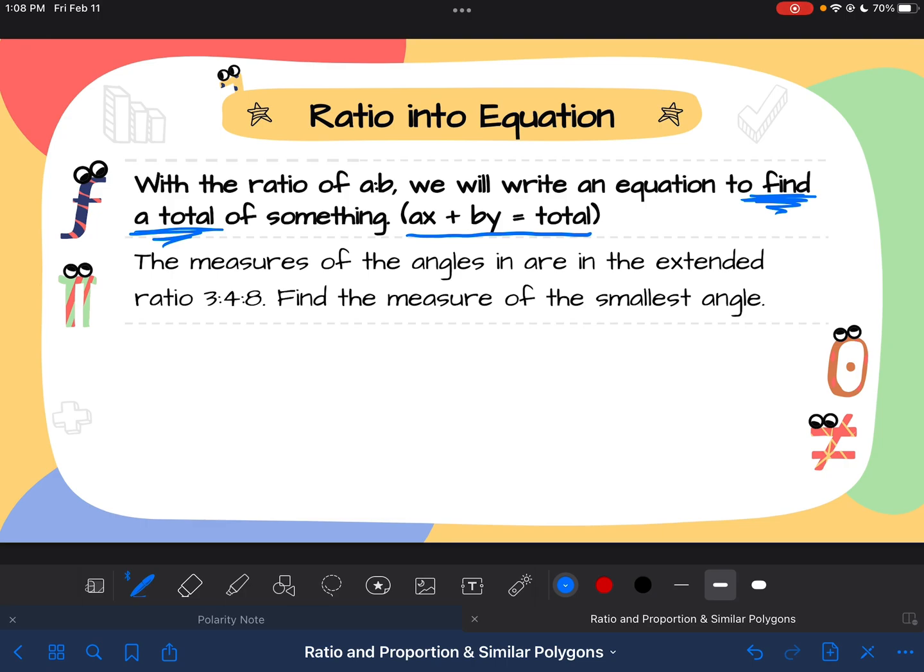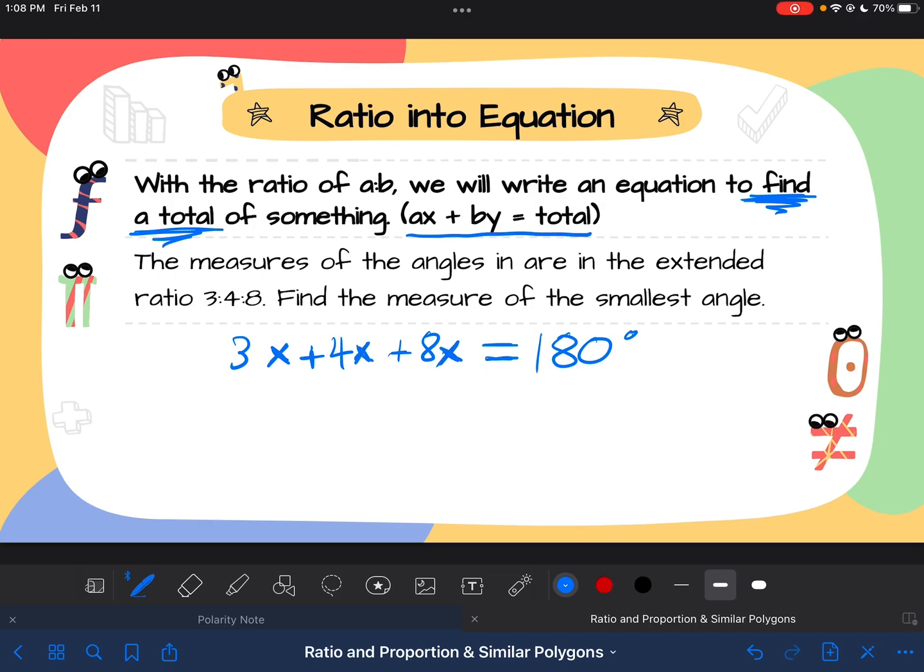Well, first of all, we know the total measurement of the angles of a triangle, a three-sided figure, is 180 degrees. And in this case, it gave you three numbers, 3, 4, and 8. So what does that basically mean? We have to make sure that we have an x located right here.